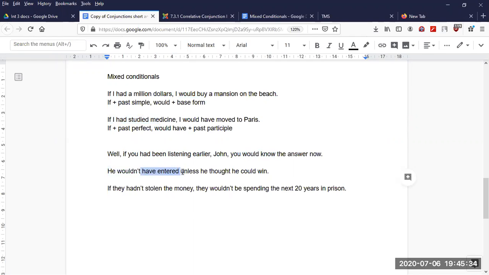He wouldn't have entered. So here we have this part here. He thought he could win, which is this if and the past simple. He thought.